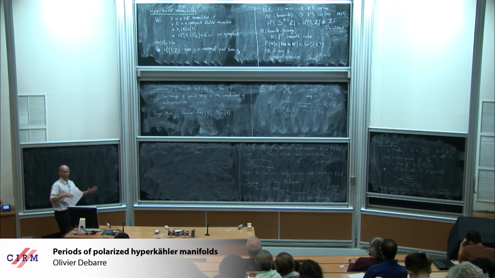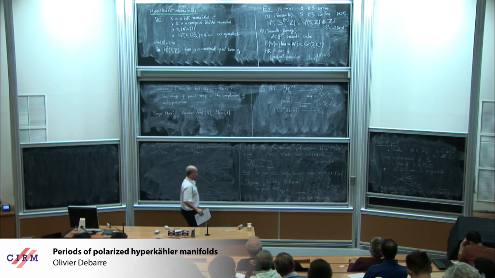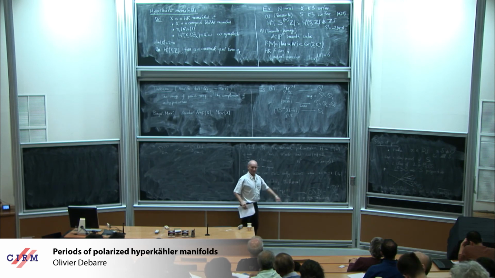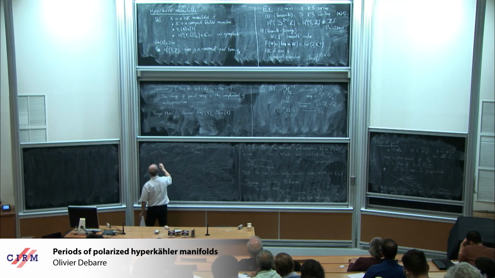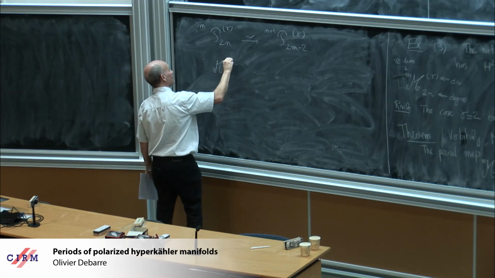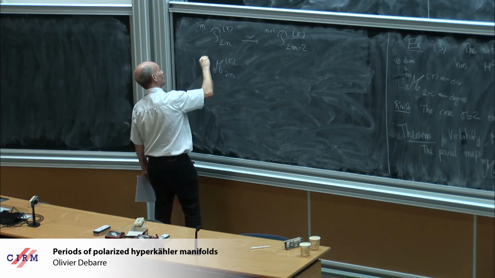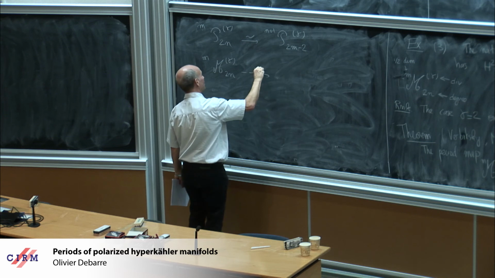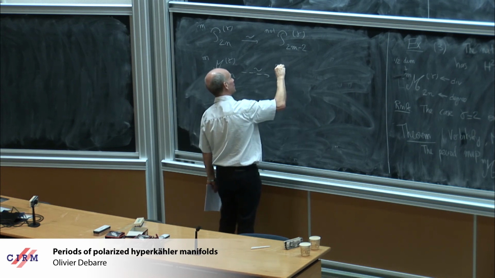So this is purely a lattice thing, very easy. But now we know that these moduli spaces are birational to this. So it means that there is a birational isomorphism between these two moduli spaces.